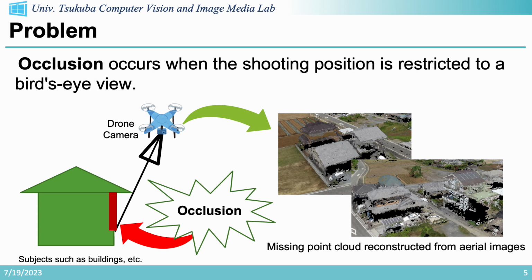When the drone shoots a structure with an overhang at the top, the drone camera cannot capture the side and results in the occlusion as shown in the left. Using such an image for 3D reconstruction, the point cloud is missing in the area under the eaves, making it difficult to obtain the accurate 3D information as shown in the figure on the right.